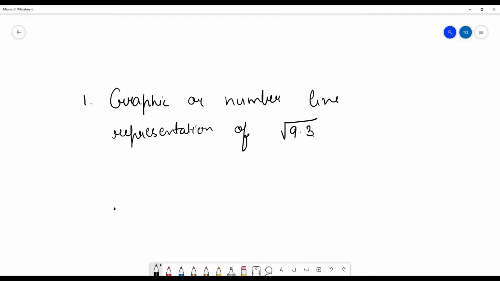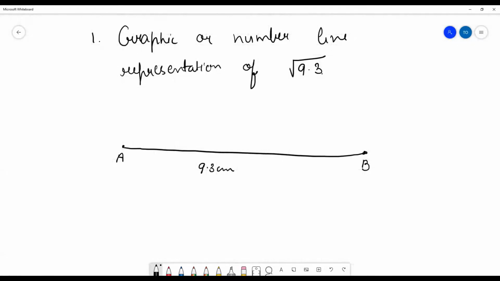For this purpose, we have to make a straight line of 9.3 centimeters. With your ruler and your pencil, you can make a straight line of 9.3 centimeters. And as we know how to perpendicular bisect this line, you can easily do that.